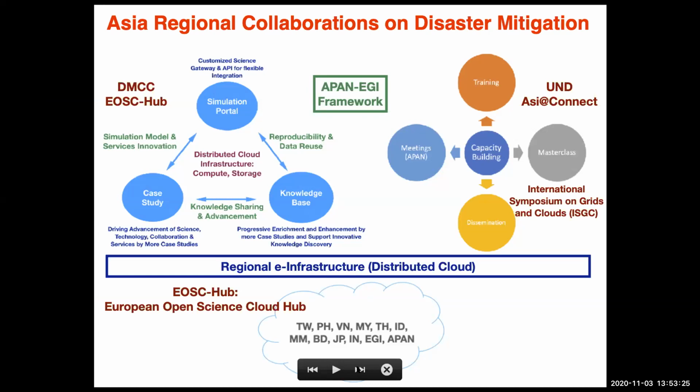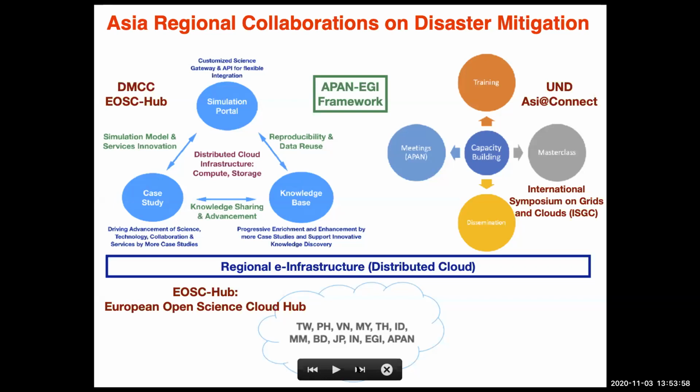The case study, simulation portal, and knowledge base constitute the framework for disaster mitigation capacity development, and their relationships are described at the top left in the slides. The case study drives the advancement of the science, technology, simulation portal, application, and collaborations. Partners are able to reproduce the hazard events numerically through simulation portals and carry out a risk analysis.